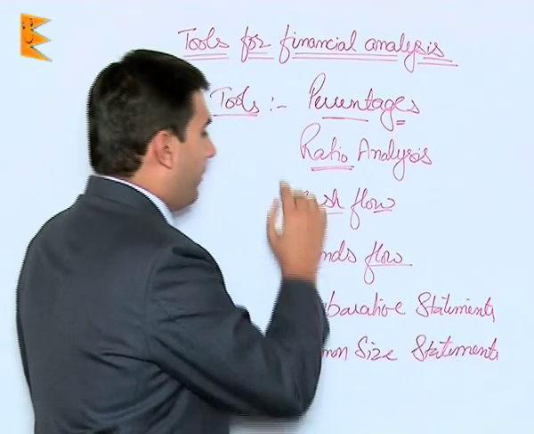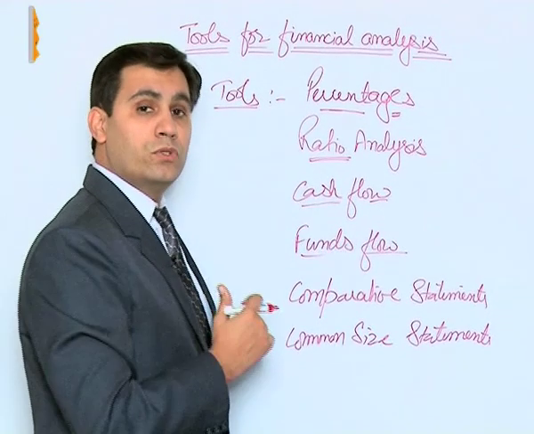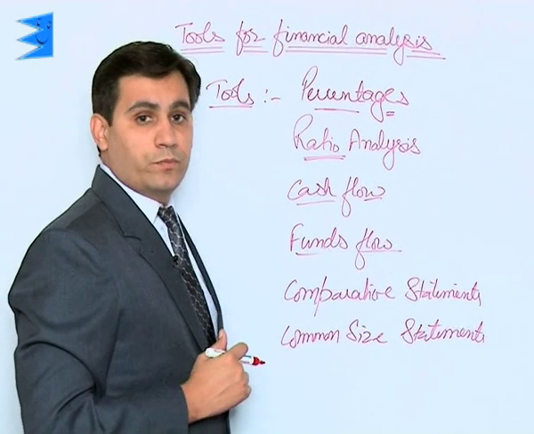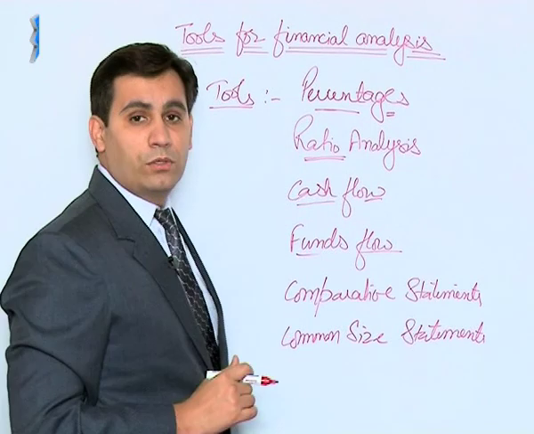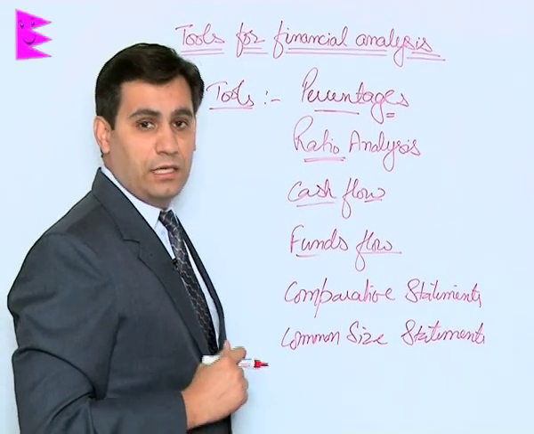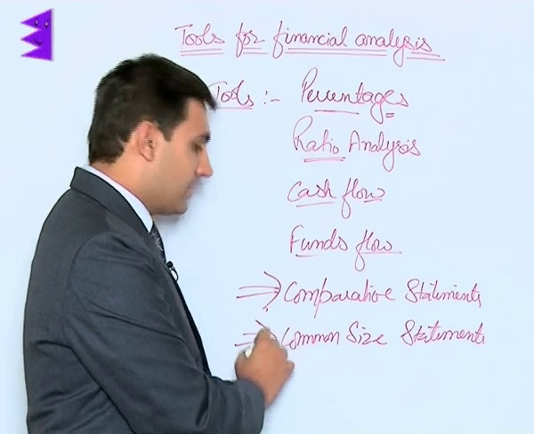These are all a mix of various accounting and statistical methods that are used to derive useful information from the accounts. So students, in this chapter particularly, we are going to learn about how financial analysis is done using comparative and common size statements.